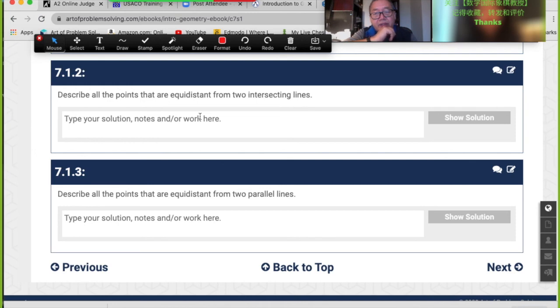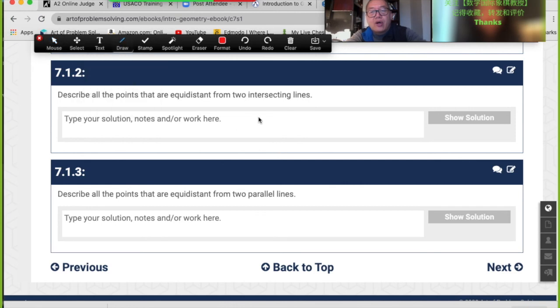What does equidistant mean? This means if these points have the same distance to the two intersecting lines, where is this point? Where is the location for this point? Can you draw?